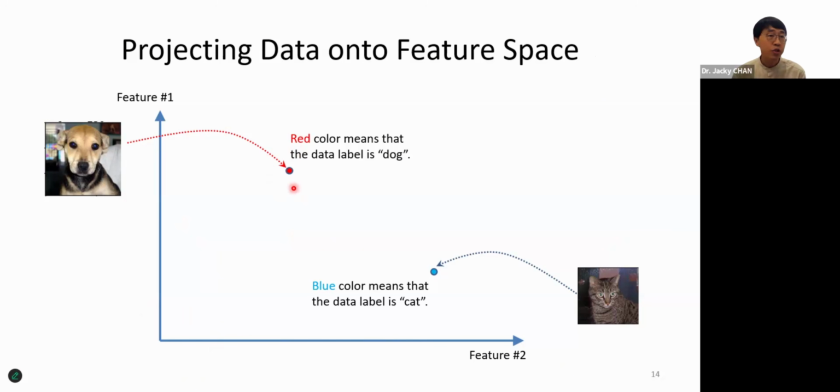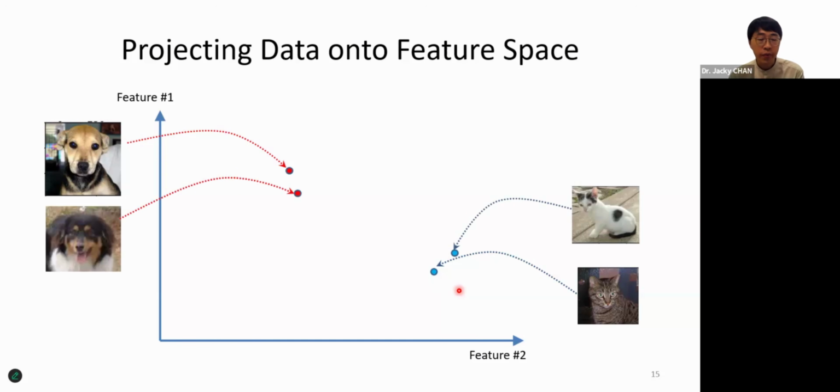It will have a larger value for feature 1, while the feature 2 value will be smaller. On the other hand, for cats, feature 1 values will be smaller, and feature 2 values will be larger. So now we have 2 dots, since we have only 2 images.